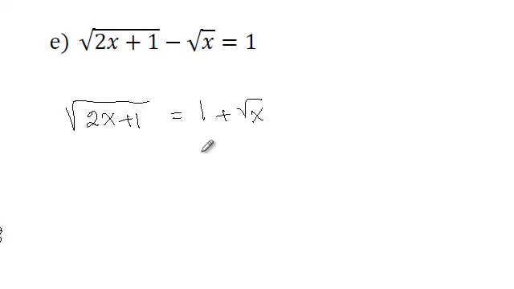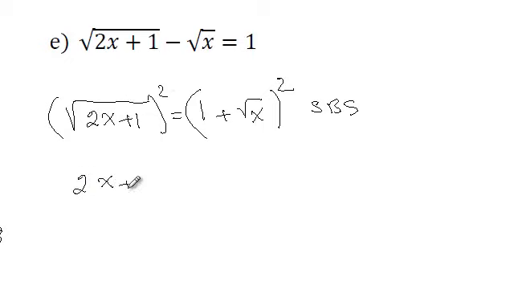Now, if we square both sides, what would happen? The first side of the equation, the radical and the square, would cancel each other. You're left with 2x + 1. Now, here is a problem.